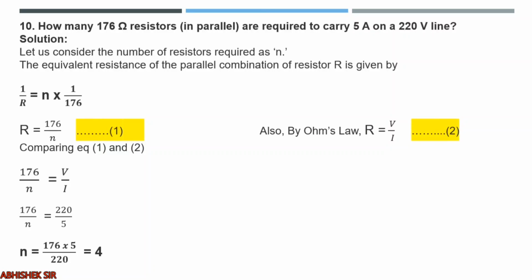That means we have to join 4 resistors of each 176 ohm in parallel to get this current 5 ampere on 220 volt. Clear? So again, nothing new, just the concept of equivalent resistance in parallel connection and Ohm's law, comparing both the equation and getting the answer.